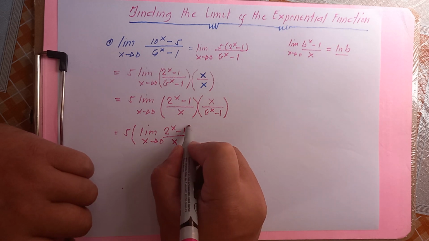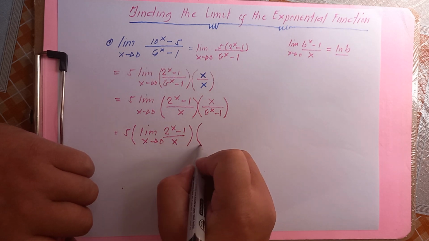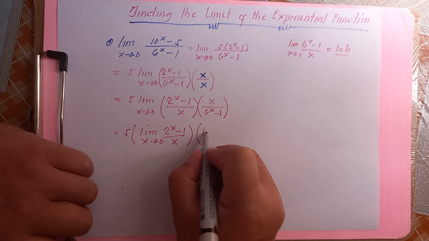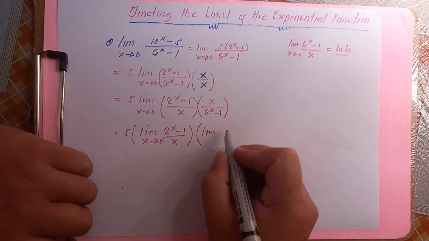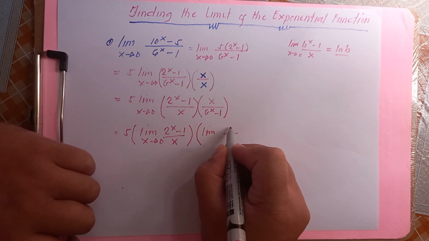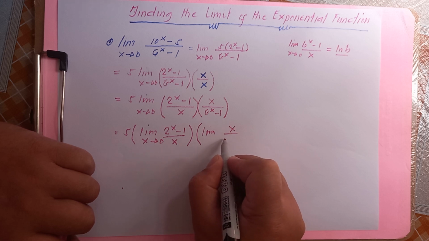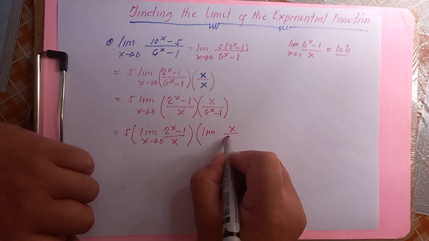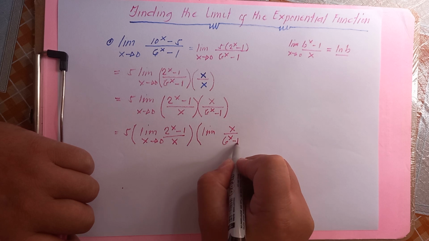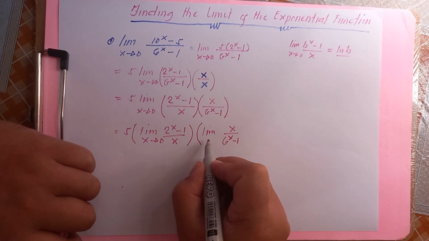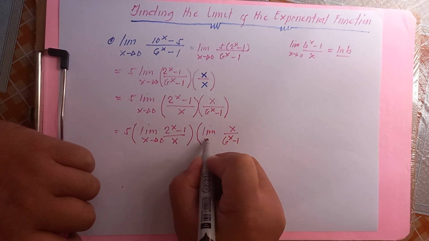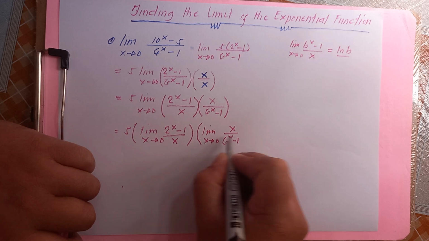Okay, now another one in here is multiplied by the limit of the quotient of x over (6^x - 1) as x is approaching 0.